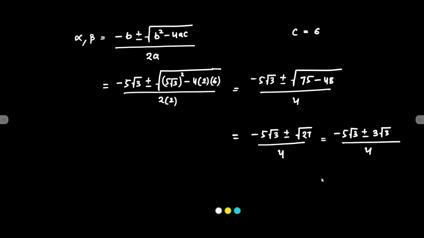So this is equal to, here the two roots are, one is minus 5 root 3 plus 3 root 3 by 4. Another one is minus 5 root 3 minus 3 root 3 by 4.